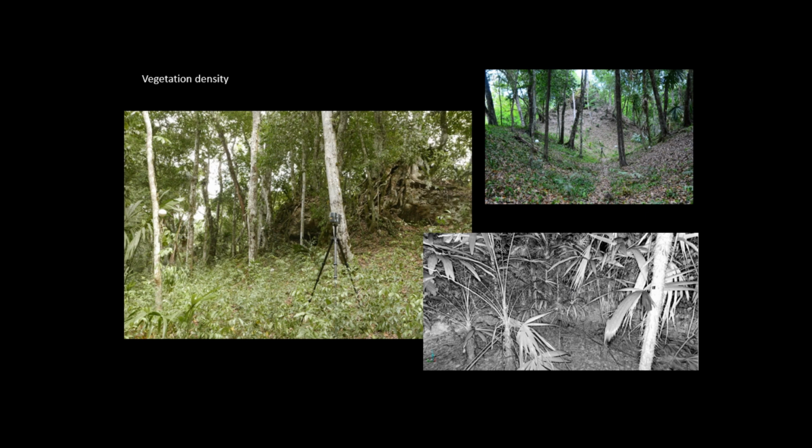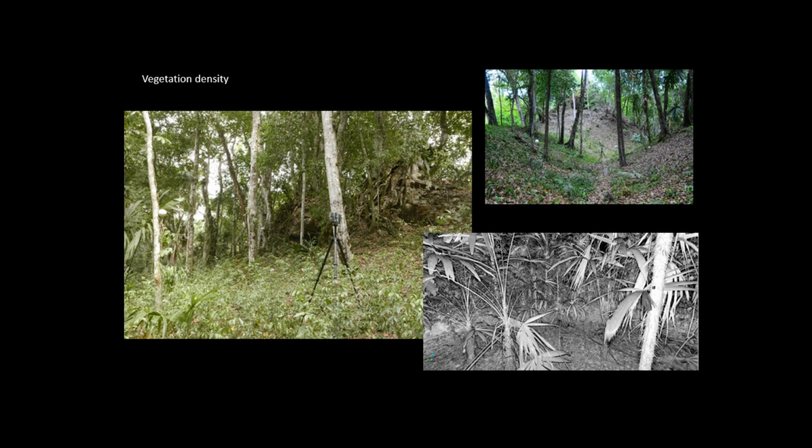The vegetation on the site is different. We can find there high vegetation density, trees up to 30 meters, and in some areas we can also find small and medium vegetation.